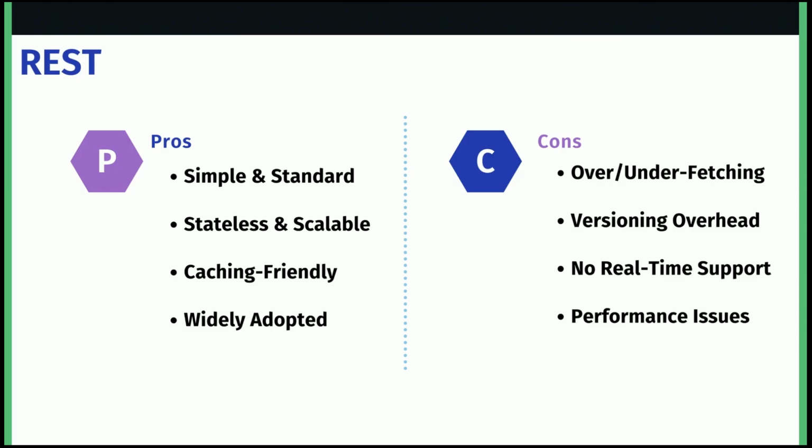And no real-time support. When I say no real-time support, that means unless the client makes an API call to the server, the client doesn't know what is happening and what kind of updates the server has. For example, we have an e-commerce application where we hosted many REST APIs and there are different clients consuming our product catalog APIs.